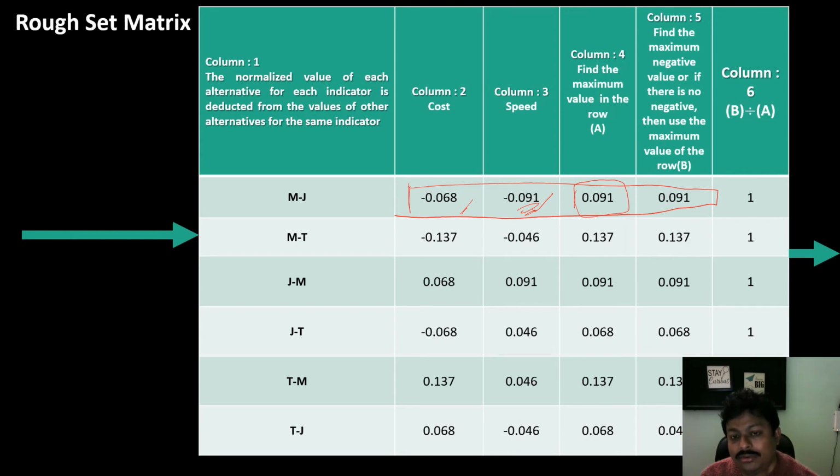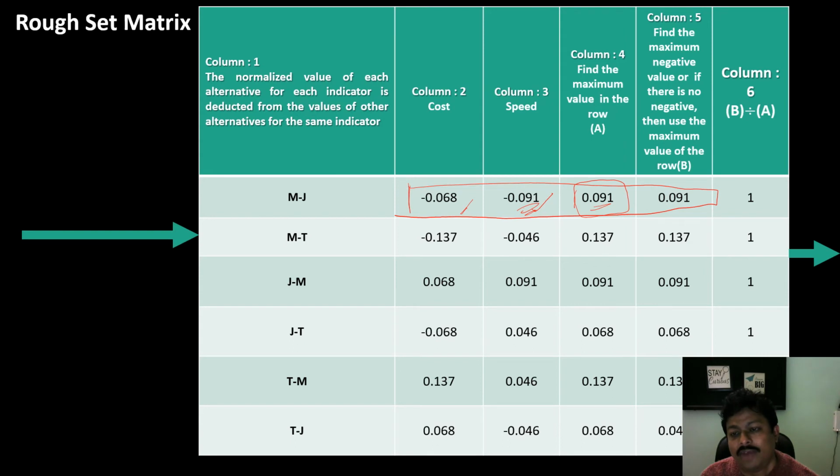So first you compare all the values and find the maximum value, and then you compare only the negative values and find the maximum value there, and then divide the maximum value within the negatives by the maximum value within all the values. Here, interestingly, the maximum value within all the values is 0.091, and the maximum value within the negative values is also 0.091.